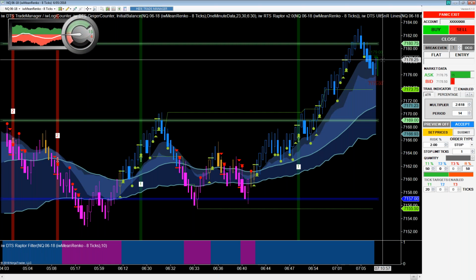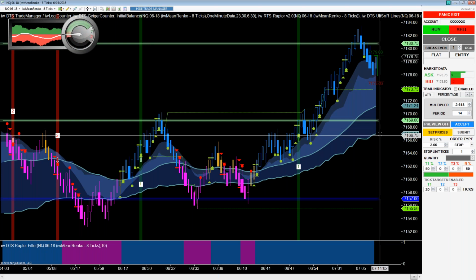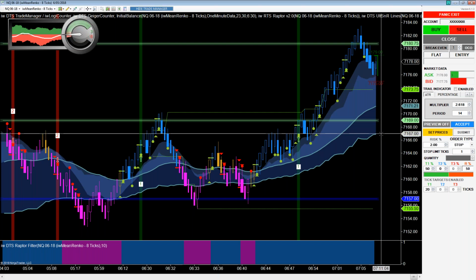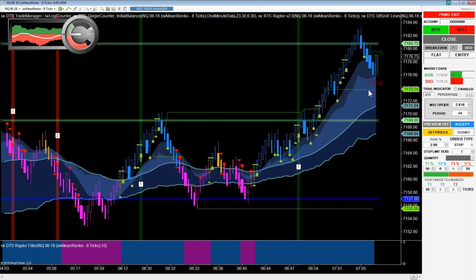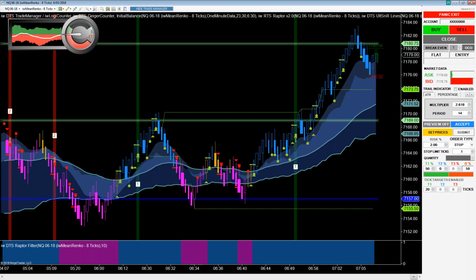Top of the cloud looks to be at around 71, 78. Bottom of the cloud, 66. So that's 12 points. That's almost a 50 tick cloud. Keep an eye on it though.